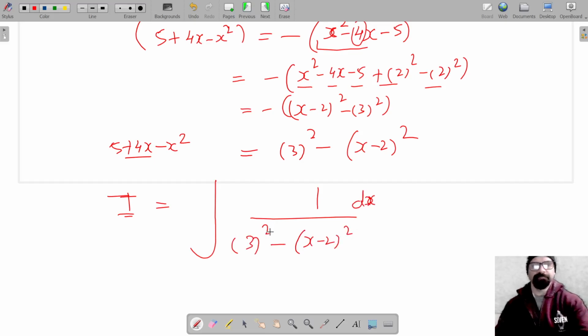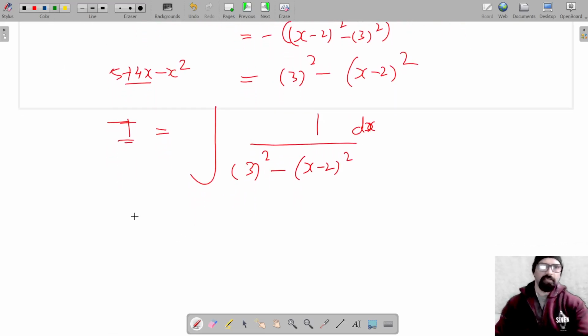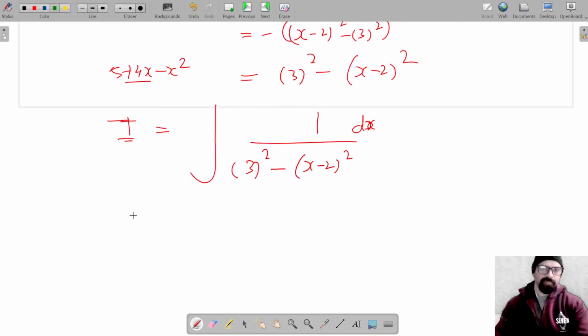Now this is of the form a square minus x square. So let's write down the formula for the integration of 1 upon a square minus x square into dx.